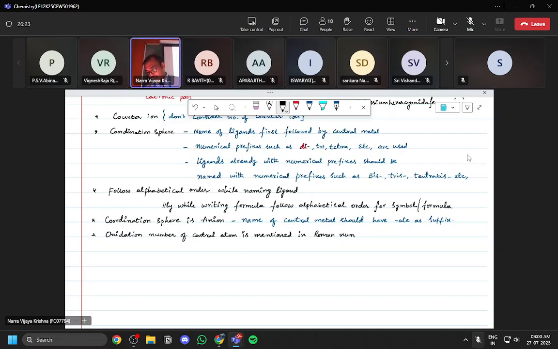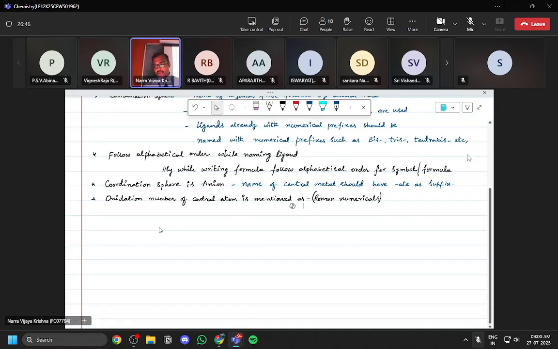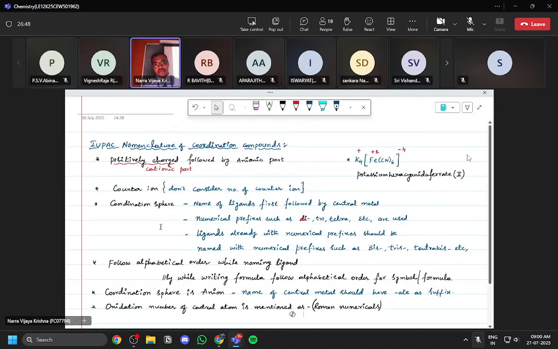What we call it as? I am not writing another Roman numerals in brackets. Will you understand, right? In parenthesis, we have to write Roman numeral. Any questions up to here?